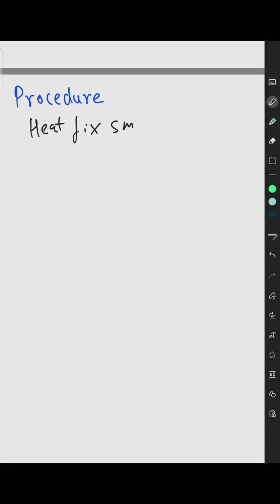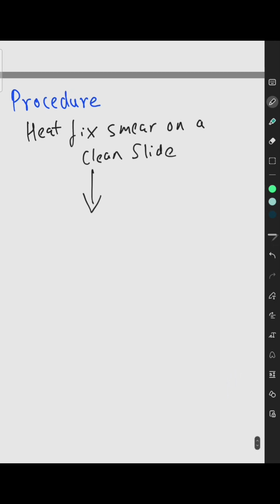So after heat fixing, we have to add the primary stain. The primary stain, as I already told, is crystal violet or methyl or gentian violet. In our laboratory, we use crystal violet, but any of the above is fine.